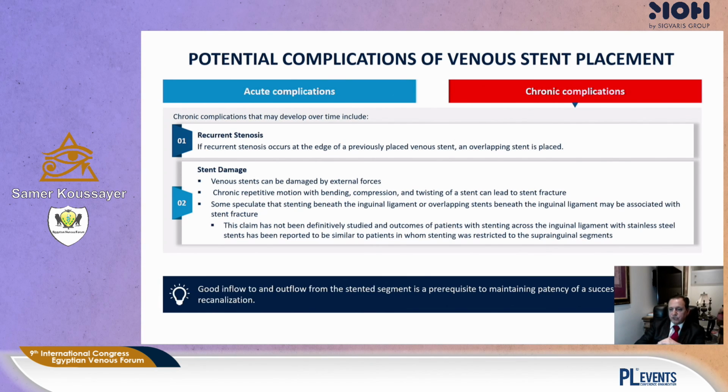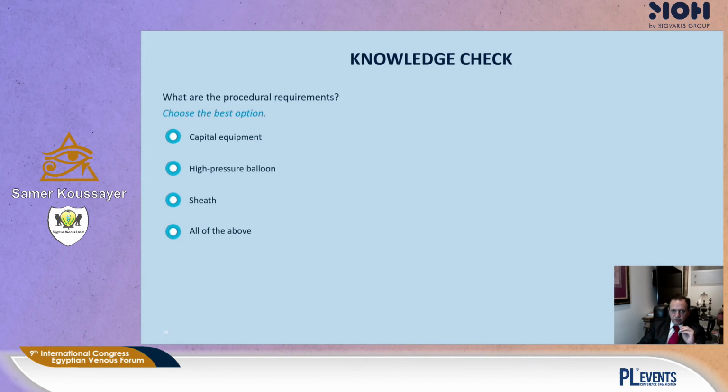The most important thing is that good inflow to and outflow from the stent segment is very important to maintain patency of successful iliofemoral recanalization. So again, the key is that you have to have inflow and outflow. You have to stent from healthy to healthy to get a good outcome, because the venous system is a low pressure system and can thrombose very quickly. If you don't go from healthy to healthy, you end up with early thrombosis.